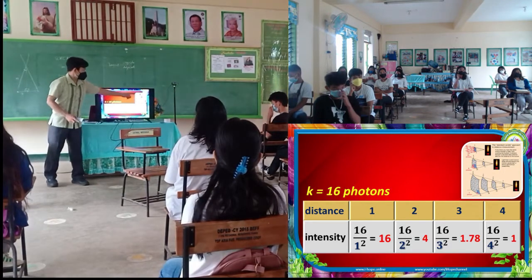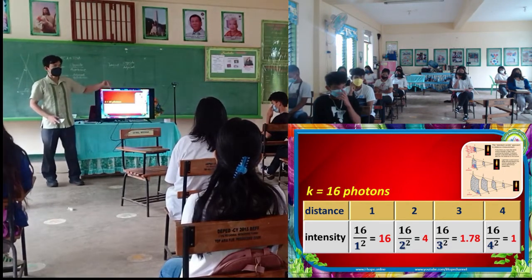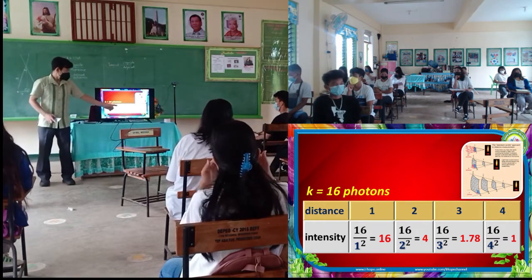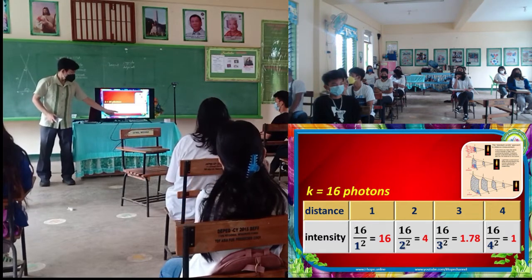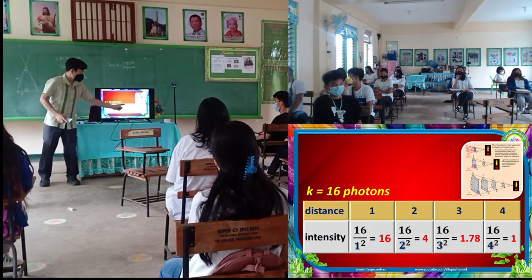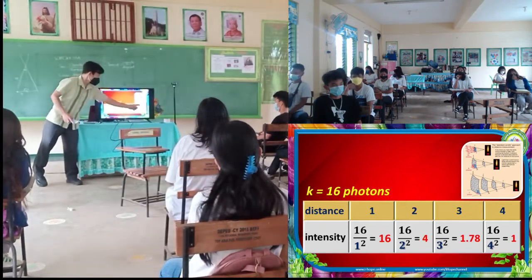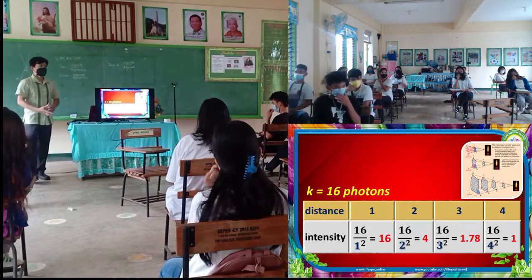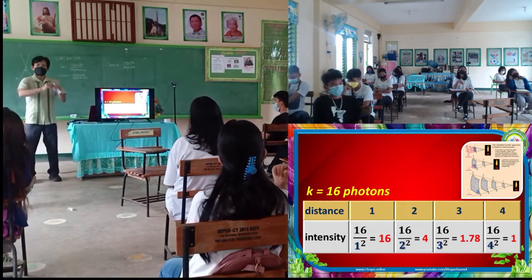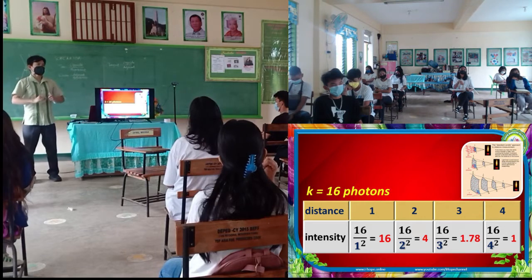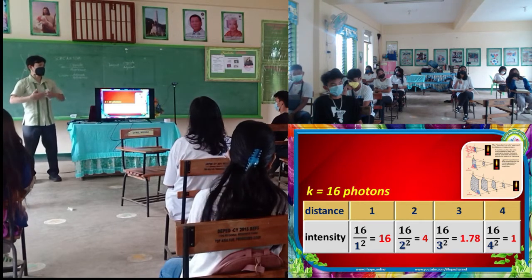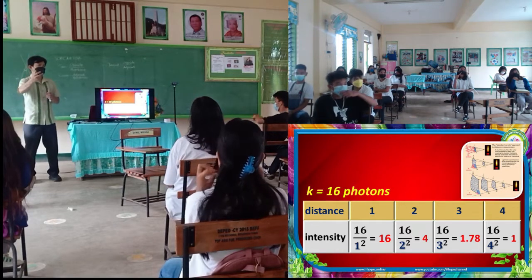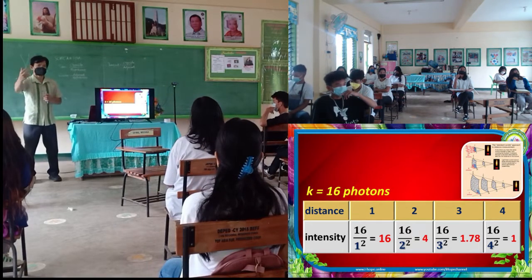As the light travels a longer distance, you notice that it starts with 16, then when it travels a longer distance, reaching 4, the intensity is down to just 1. So, inversely proportional means that as the distance increases, the intensity decreases. In other words, if the object is moving away from the viewer, its light intensity decreases.